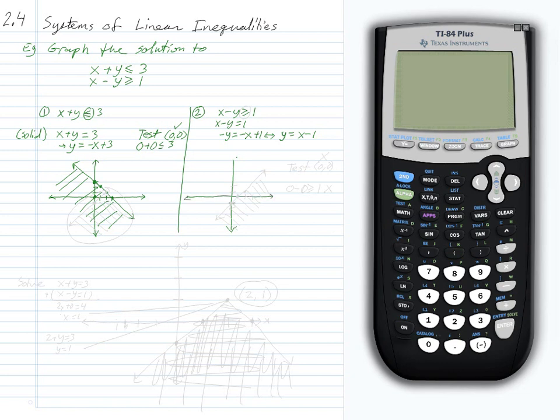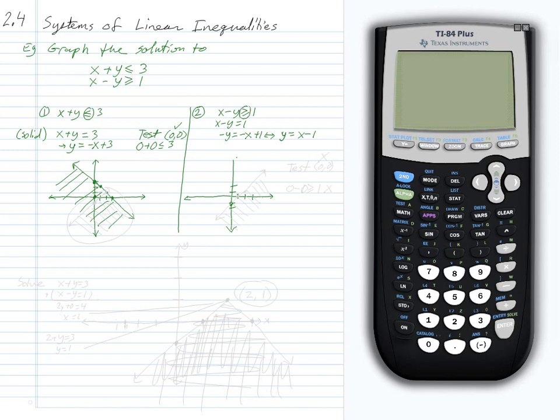And here we have a slope of 1, so if we plot our y-intercept, and again I'm going to use a solid line because this is a greater than or equal to.